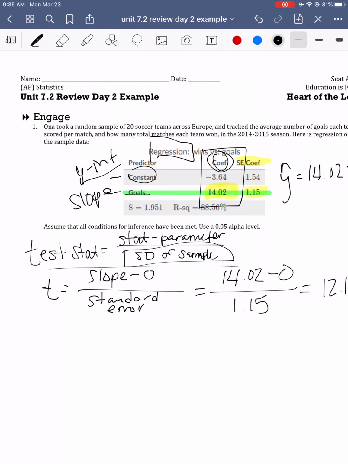From here, we're doing this a little bit out of order, but let's go ahead and write what our hypotheses would be in this type of problem.